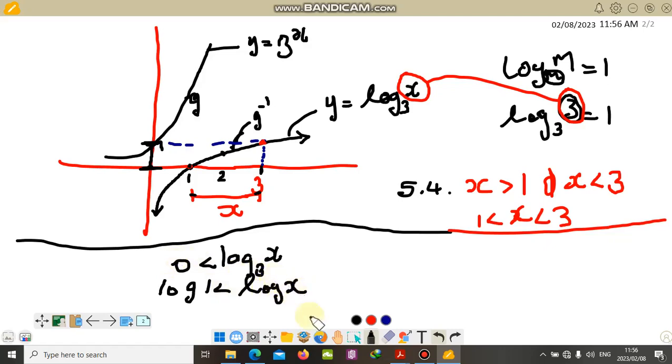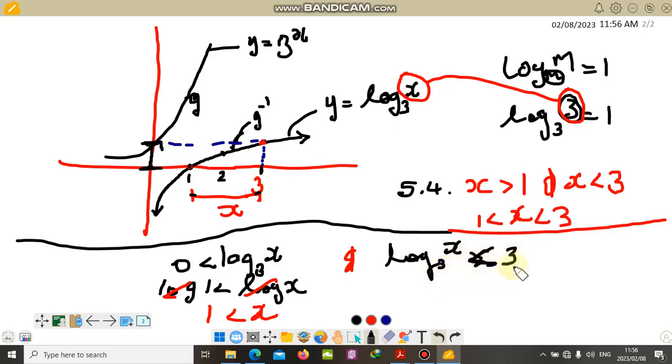So I remove log from both sides, and I am left with 1 less than x, which comes back to x is greater than 1. Then the other part would be log of x base 3 less than 1.